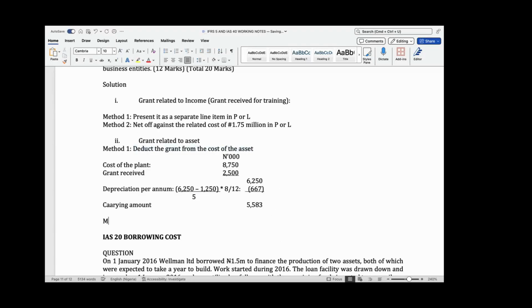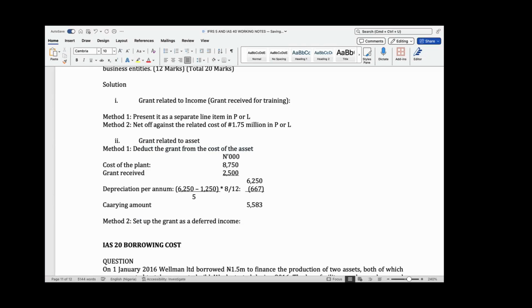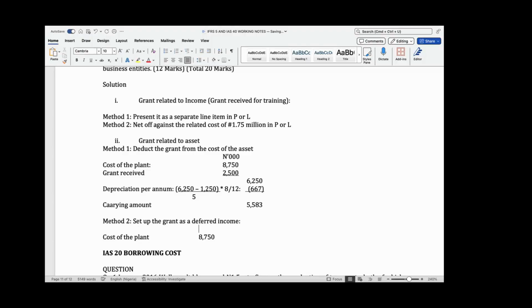But if I decide to use method 2, where I set up the grant as deferred income, then the cost of my asset, the cost of the plant, will not change. It's still 8,750.